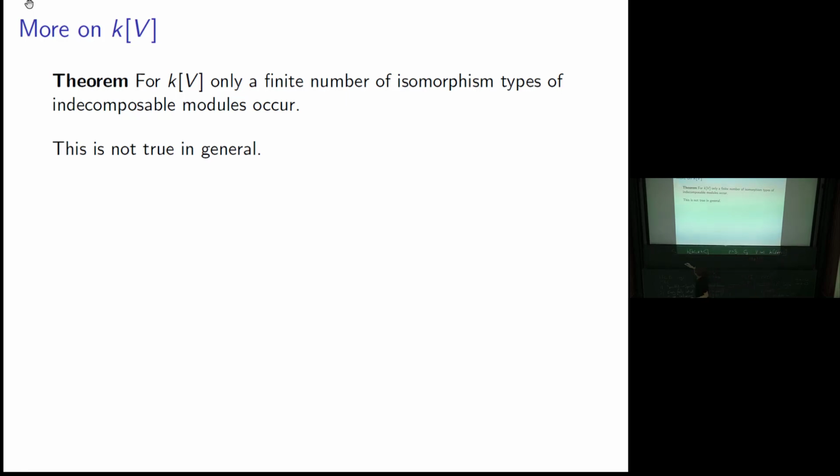The first group for which you might get infinitely many different indecomposables is C2 cross C2, because cyclic groups can't happen. And so you have to have some ring, and I can't remember whether it's 4 variables or 5, but this one won't do any harm.